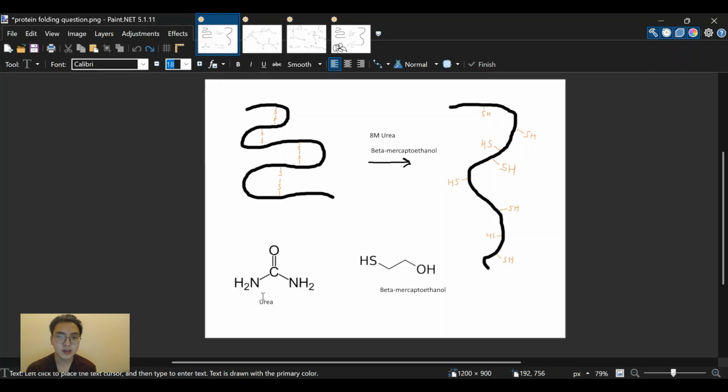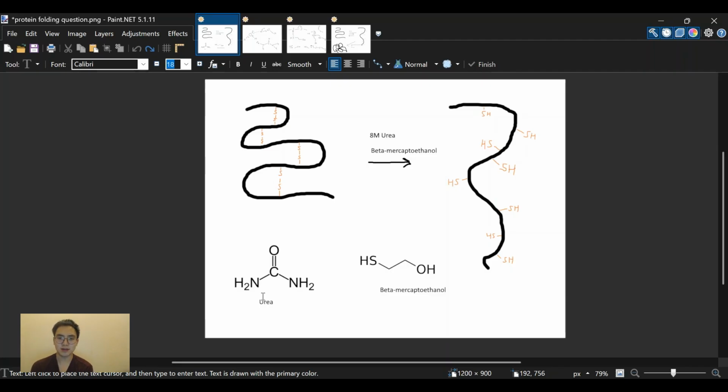This they attributed to oxygen in the air causing the oxidation and the remaking of these sulfur-sulfur bonds. Now the next question is, what do you think will happen if we remove urea first from this solution, now that we know that if we remove both of them, that the protein will regain its function?